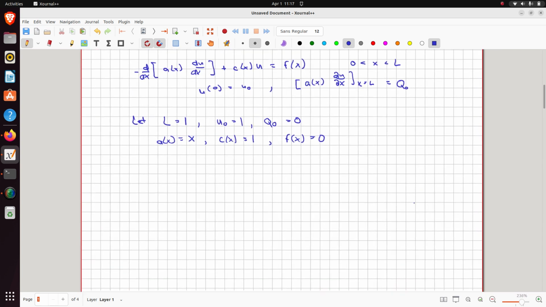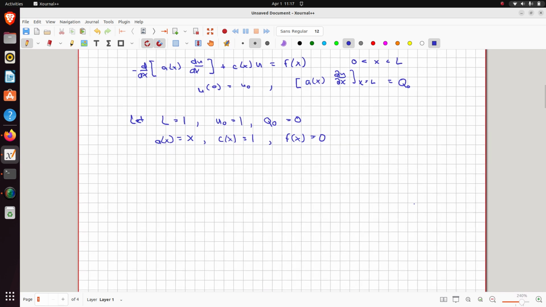Okay. Now, without stating why, let's choose our approximating functions. So phi 0 is equal to 1. Phi 1 is going to be equal to x squared minus 2x.